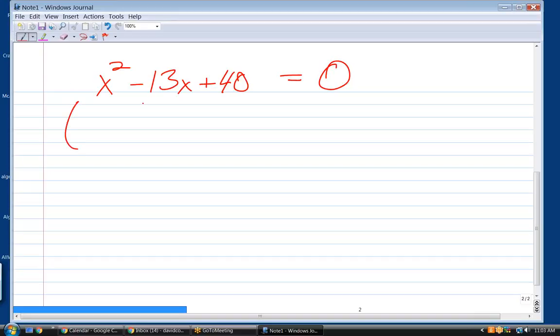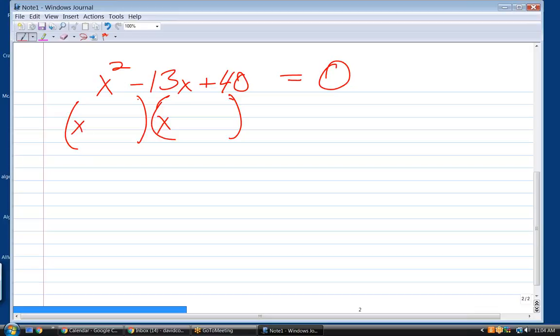So if I can factor this, I will have two things multiplied together. So how does this factor? Go through the steps of factoring with me. So it'd be x and x in both those. And then we do the little diamond method. I don't care how you do it.